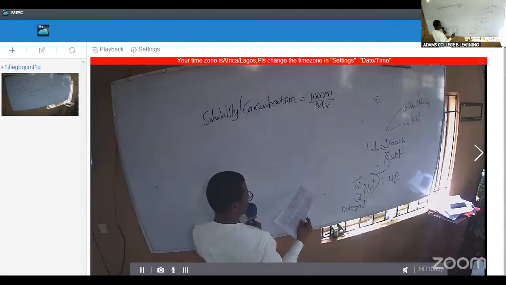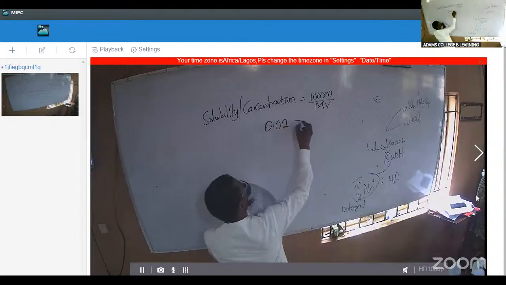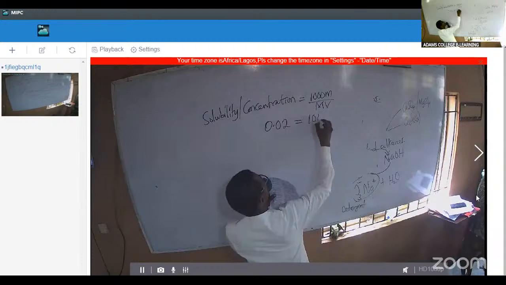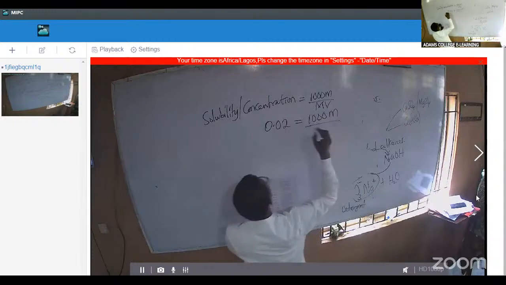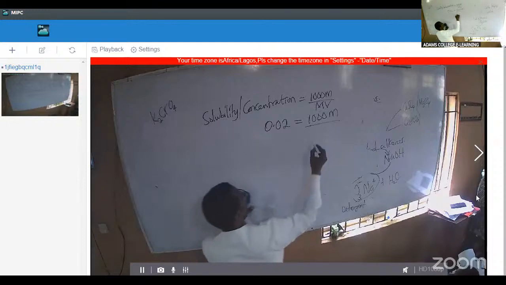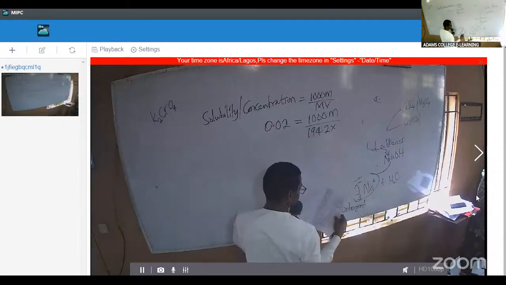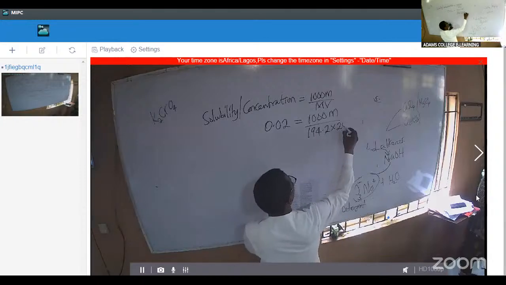So solubility or concentration. How much is that? I will give you 0.02. You go, do it. 1000, we look for mass. Have you gotten the molar mass of that guy? They've given us already. How much volume? 250.